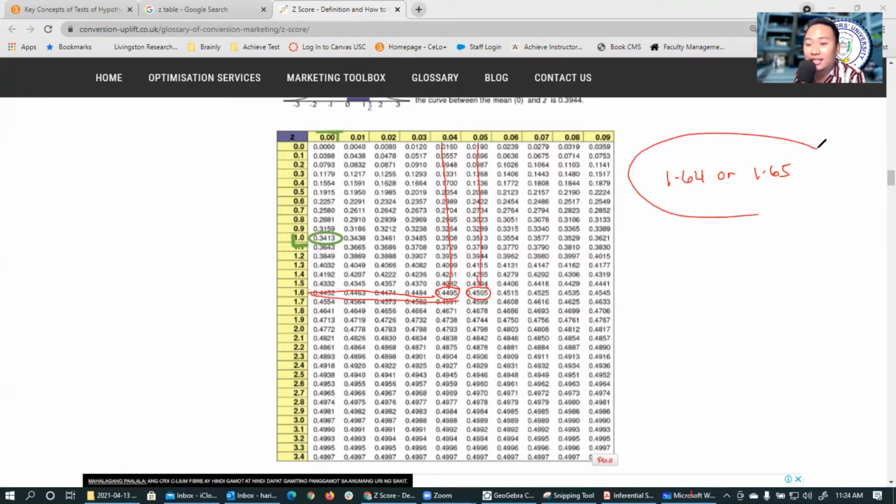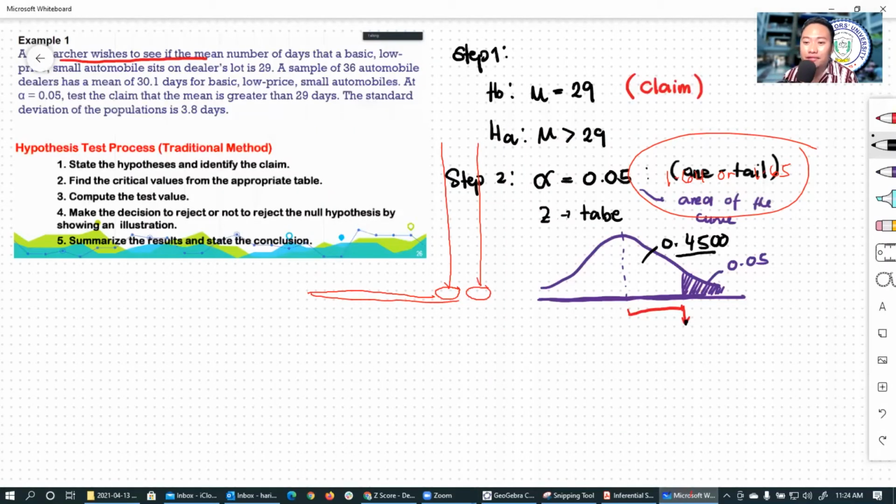So this is your critical value. Got it? So your critical value would be either 1.64 or 1.65. You can use either of the two.